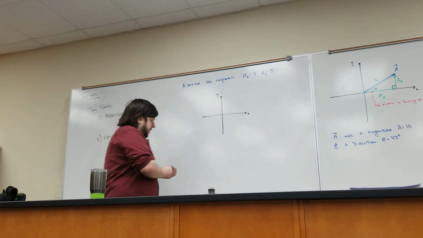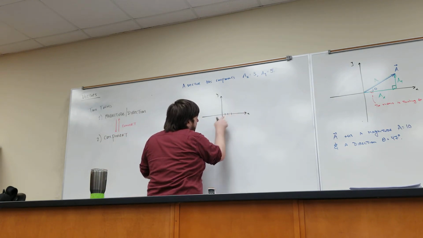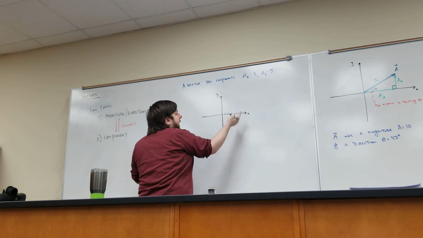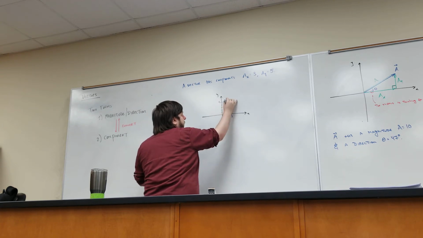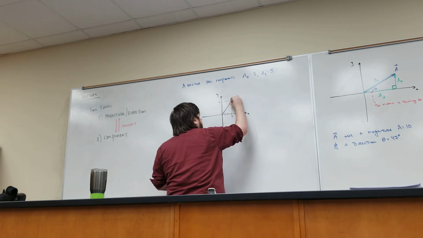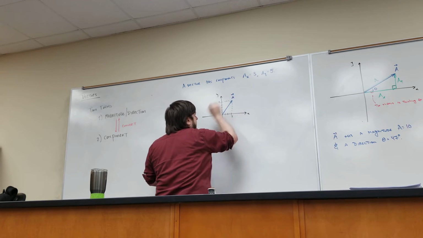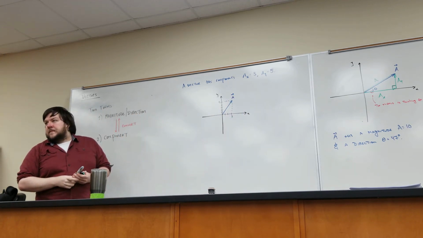Okay? Because it tells us that the vector is 3 ticks to the right and 5 ticks upward. So the vector is going to point roughly like this. Okay?